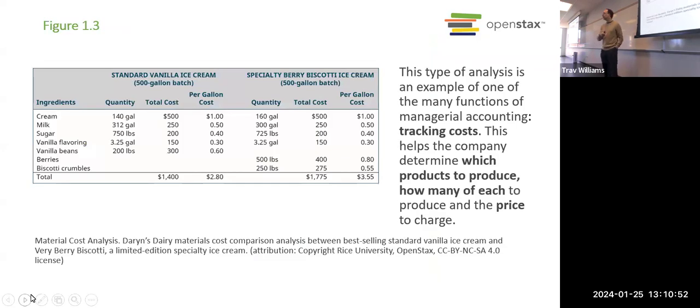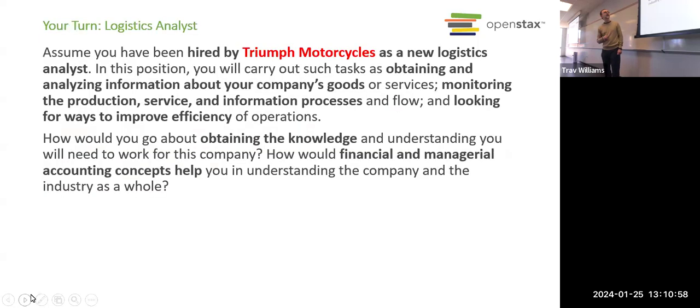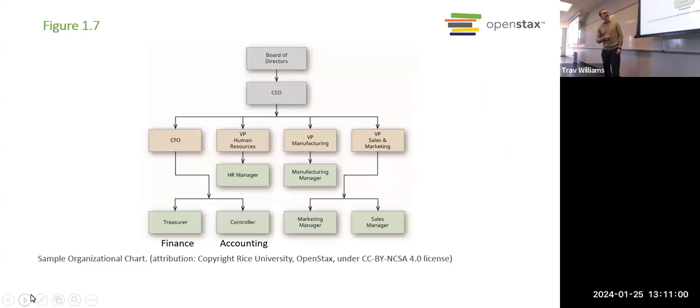We looked at this example of how data might be assembled to help managers make decisions about product pricing. That was another scenario. We looked at a pretty standard sort of org chart that showed you where finance fits in under the treasurer and accounting under the controller, and they're both under the chief financial officer.